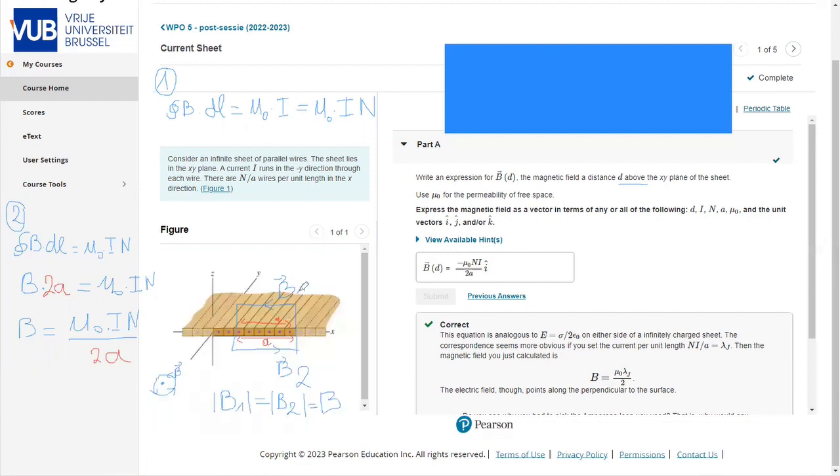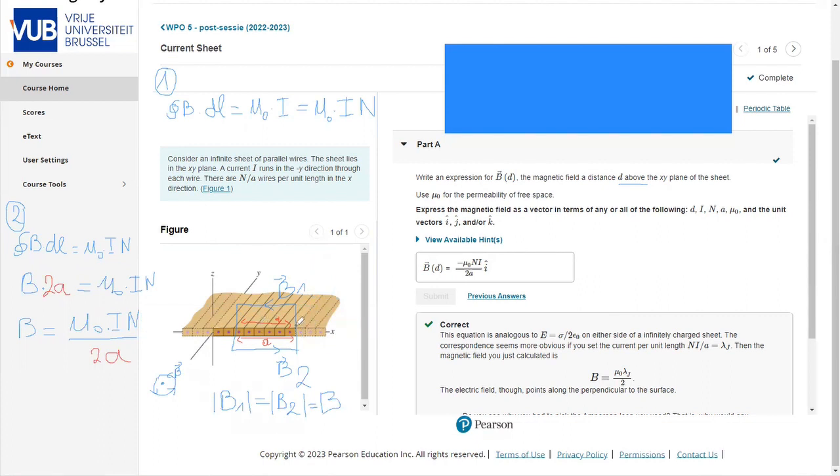When you look at this drawing, you see that I choose a path, because with the solenoid integral you have to choose a path. You can choose it here, here, it doesn't matter, but I chose the one in the middle.